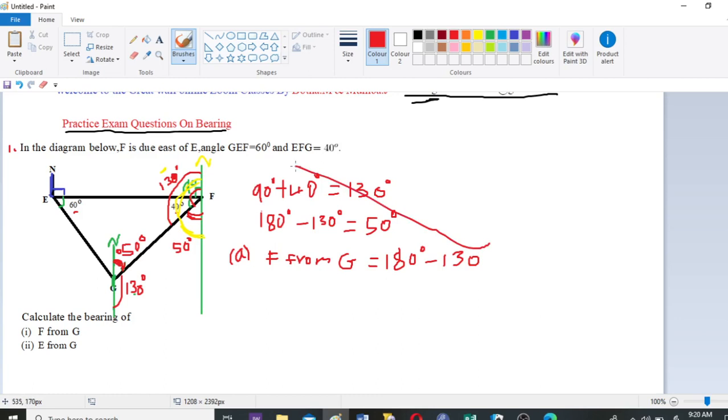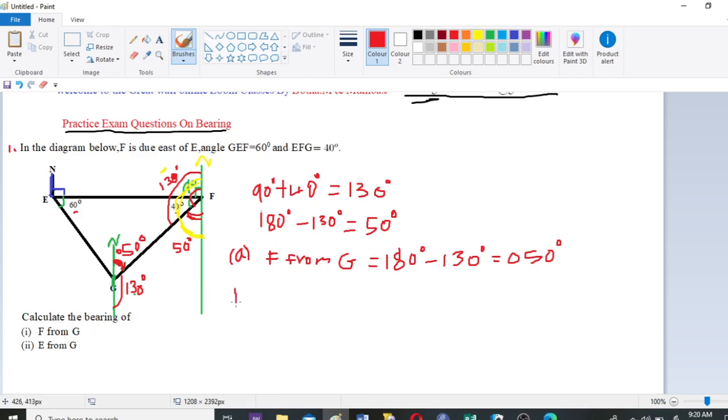So using the same analysis, if we subtract 130 from 180, we are getting 050 degrees as the bearing that we are looking for.